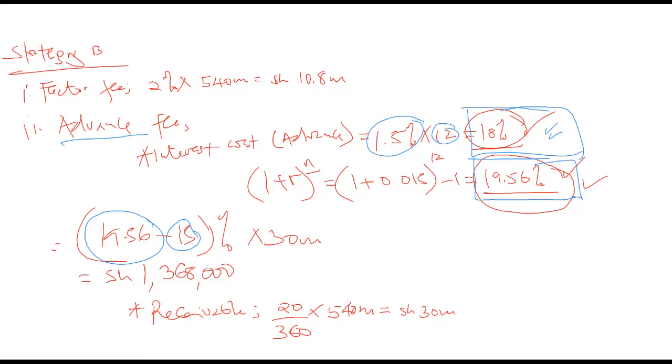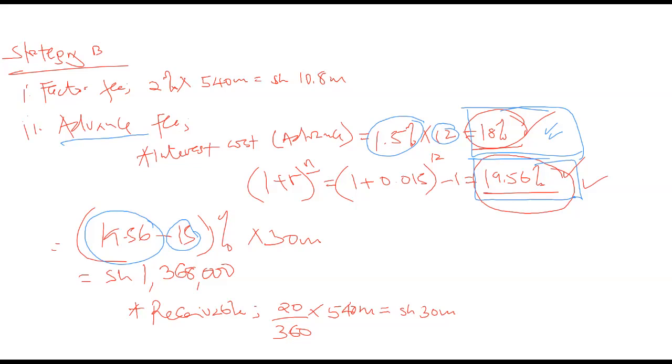Clear? Don't forget the actual fee paid to the factor is 19.56% times 30 million. That's the actual amount you'll be paid, but our concern is the incremental cost. That's why we are subtracting 15%, because even before the factor came over, you used to pay 15% times 30 million. So it's a cost you used to incur before. It is an irrelevant cost. That's why we are subtracting it. I hope that's clear.